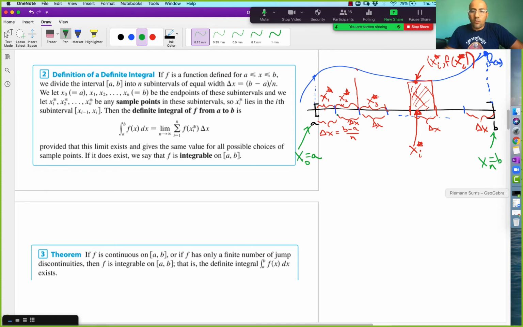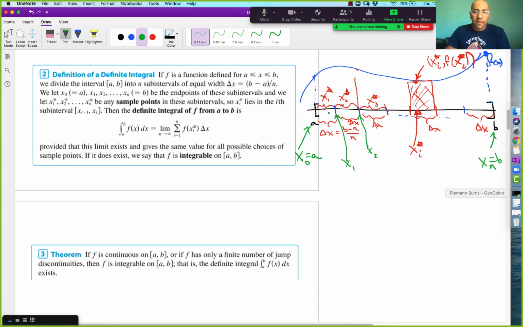Good. And then we're really looking at the edges of each rectangle. So now this guy right there, that edge right there would be x sub 1. And then this edge would be x sub 2. Good.